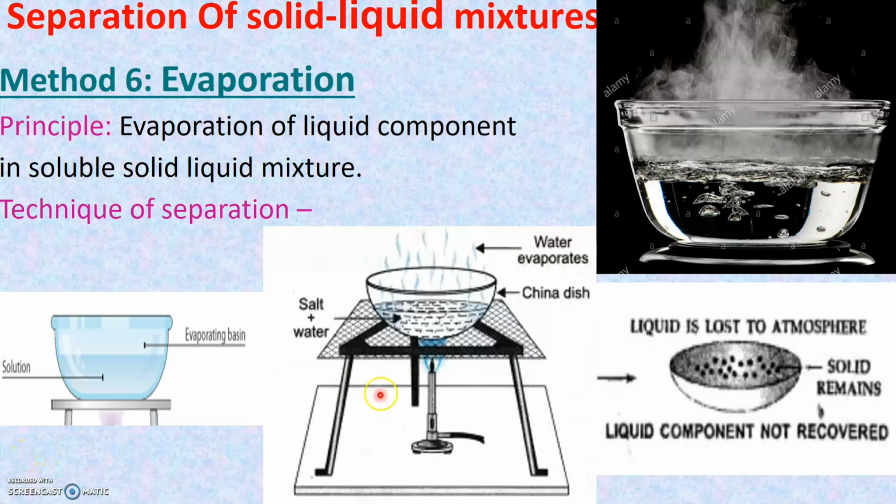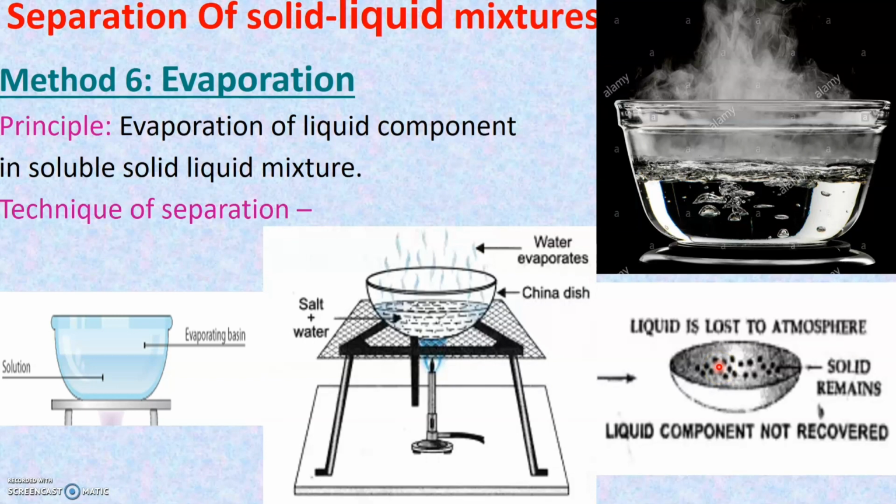So this process of conversion of a liquid into a vapor form in order to separate a solid that is dissolved in the liquid is called evaporation. So I repeat, evaporation is the process of conversion of a liquid into a vapor form in order to separate a solid that is dissolved in the liquid.